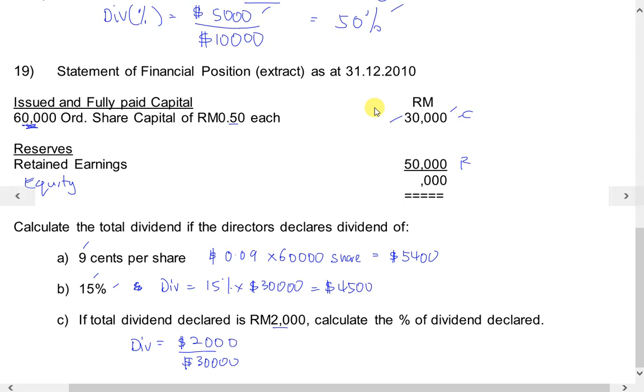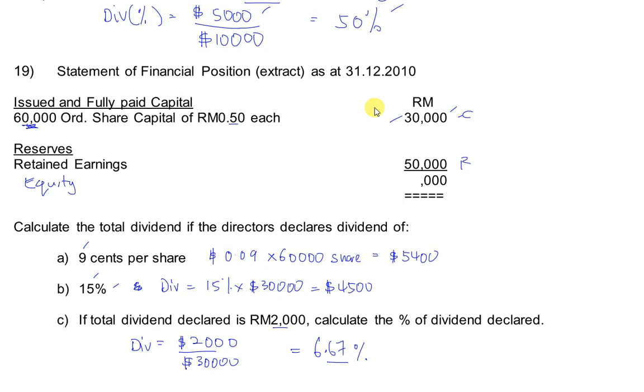The answer will be in percentage. So 2 divided by 30 is 6.6%. Okay, a dividend return of about 6.67%.